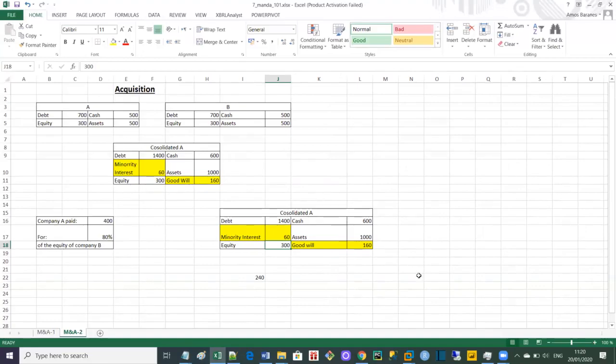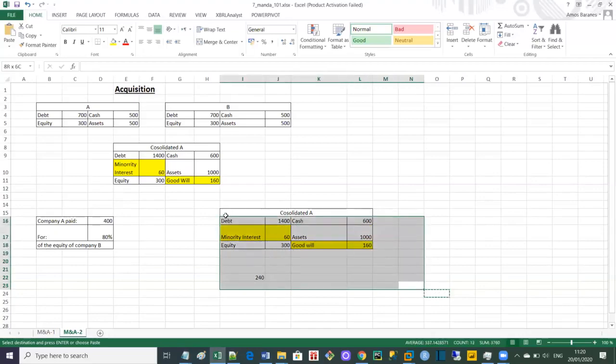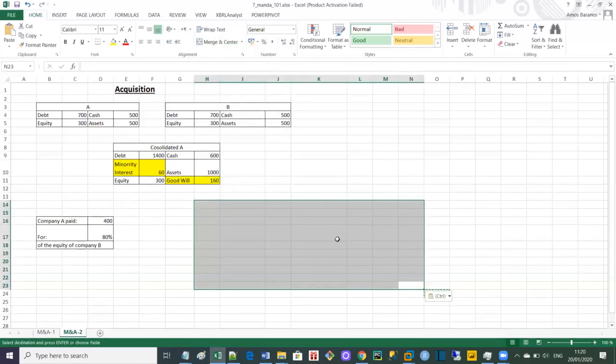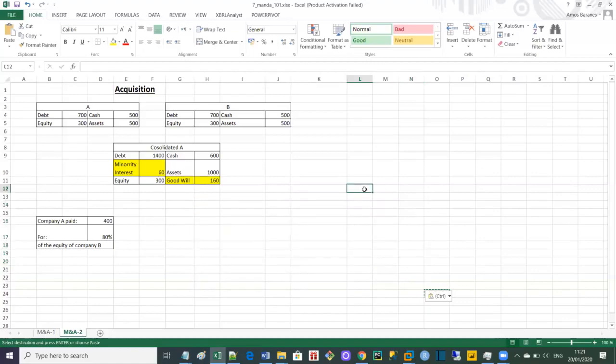So let me delete everything here and summarize. Okay, let's look at that. In the first case, we bought 100% and we paid exactly the book value. There is no minority interest and there is no goodwill.